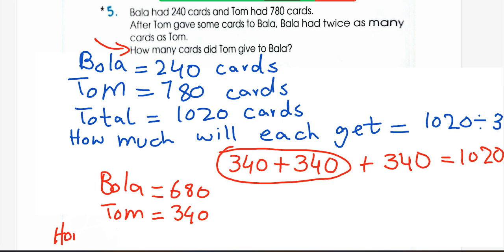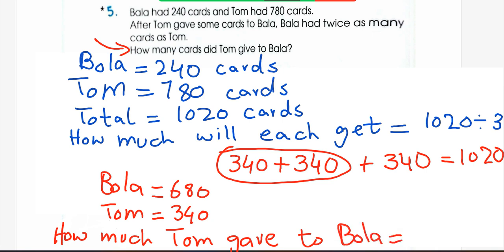And then our question was how much did Tom give to Bola? Tom had what in the beginning? He had 780. Now he is left with 340. After subtraction, sorry, I have less space on the screen.